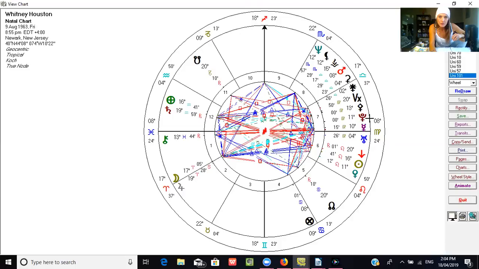So this Pluto was this incredible sense of struggle for her. It was her fate, though, because that Pluto is at the apex point of this yod. And Pluto in the 7th house is the fated power struggles and intense relationships.